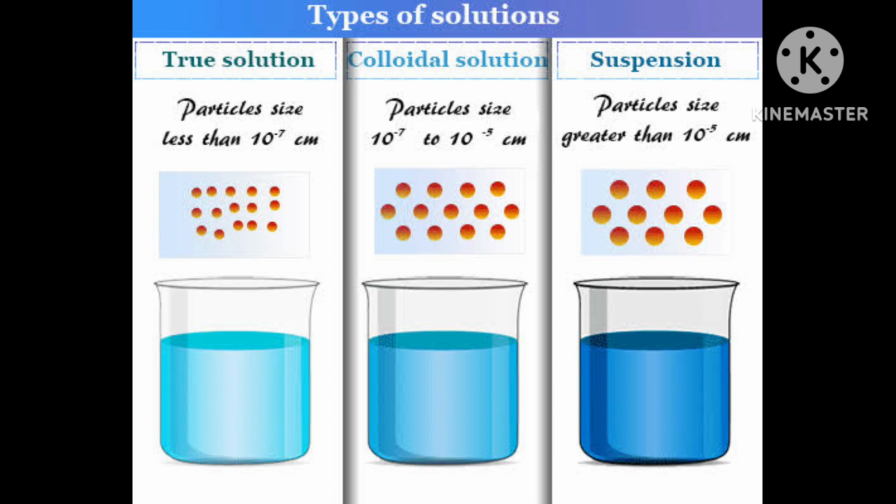But in solution, particles are ions or small molecules, small just like ions or molecules. But in a colloid, the dispersed phase is of bigger size, macromolecules.